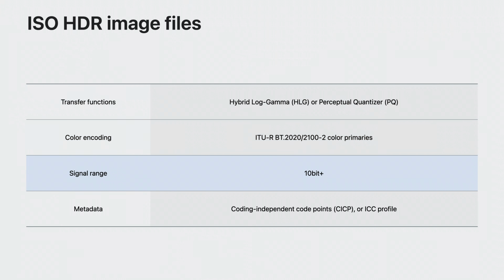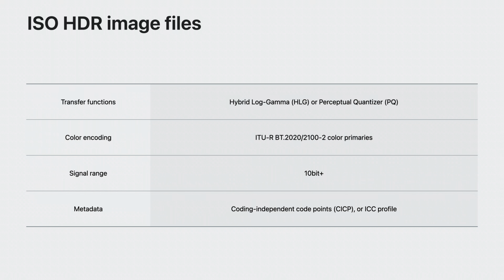To avoid issues with banding, HDR images are required to be 10 bits or more per component. This means that some formats, like HEIF, can encode HDR, but some others, like traditional JPEG, are not able to be 22028-5 compliant, as they only support 8 bits per component. And for required metadata, both traditional ICC profiles and CICP tags are valid.